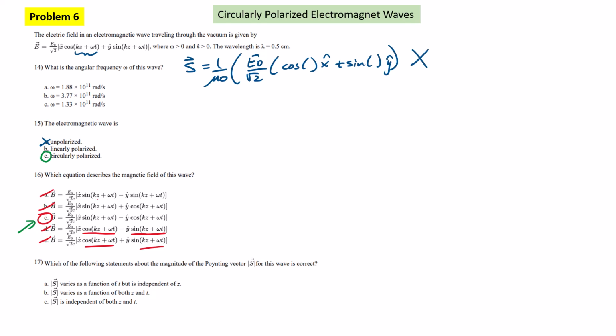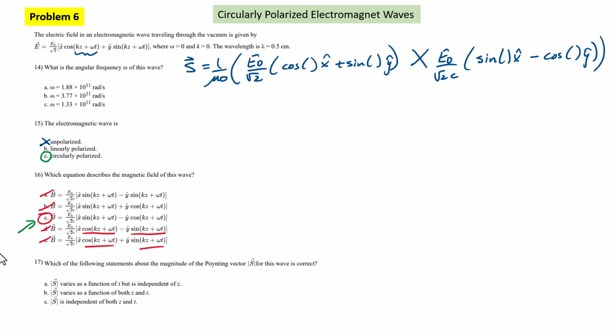Now I want to do a cross product with my magnetic field right down here. Again, this has a different amplitude, with an extra factor of c in the denominator, but this vector also has an x component. This is sine, x hat, and then minus cosine, y hat.